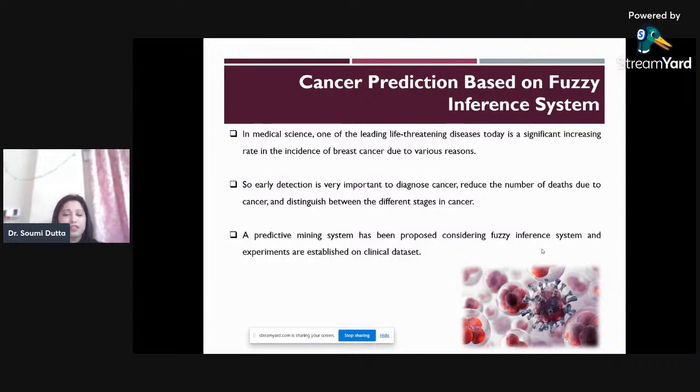Basically we all know that cancer is one of the most dangerous diseases, and if it is identified at a very early stage, there are chances that we can heal it. But if it is in the last stage, definitely it is not in our hands. So we can do prediction based on different sorts of features.